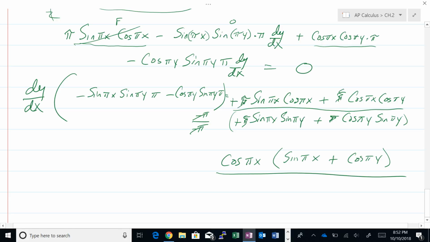And on the bottom I can factor out sine of pi y, sine of pi y. So that really doesn't help me out any, because I thought maybe it'd be cosine, so whatever. You can just kind of leave it like here.